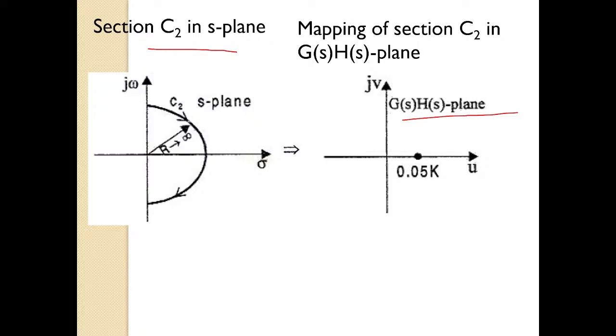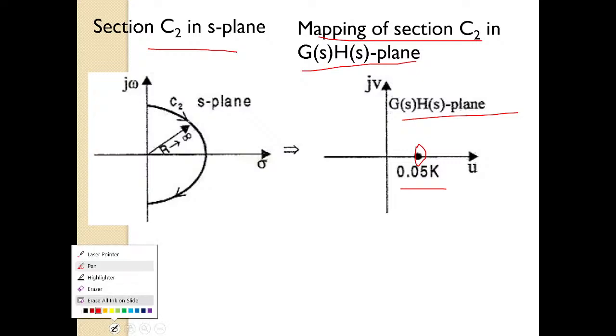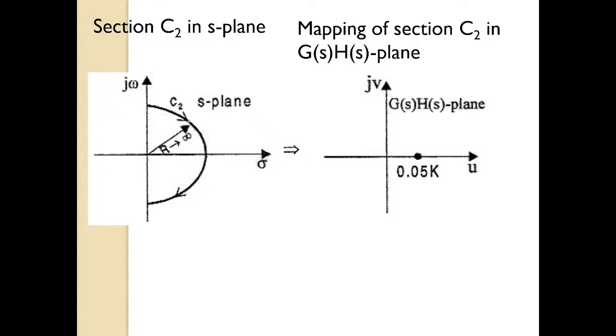The mapping of C2 on the G of S, H of S plane is a single point on the real axis. That's it. Locate this point on the real axis. Draw it quickly to complete it.